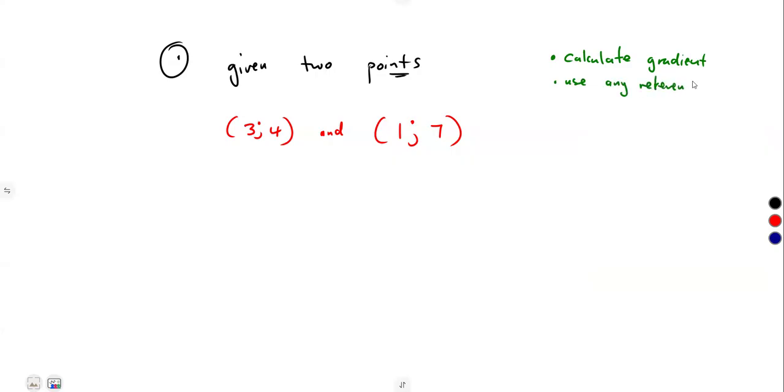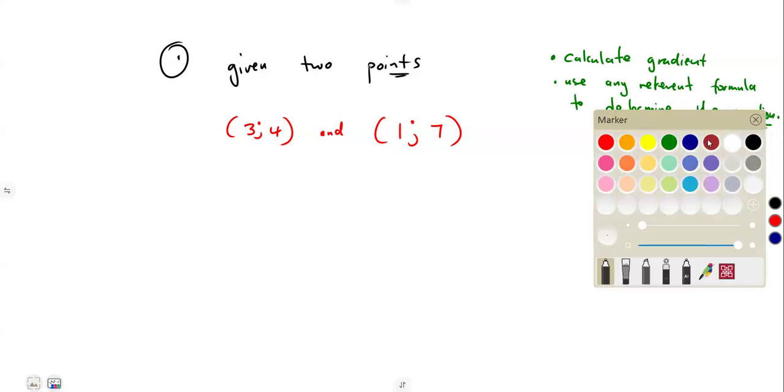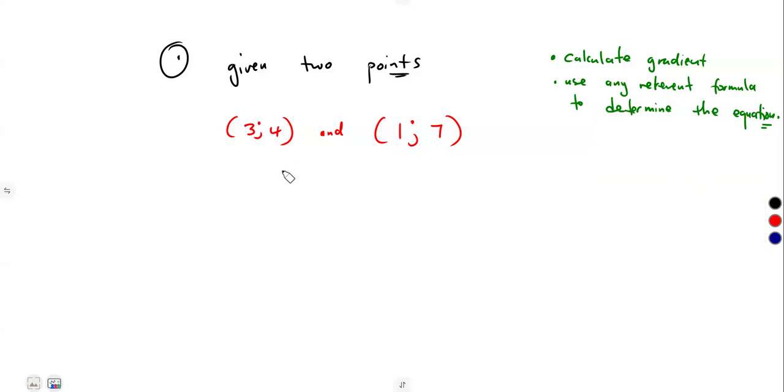Then after that, use any relevant formula to determine the equation. So I'm going to explain different ways there. So let's say I have got my gradient, like for an example here, I'm just going to call this x1, y1, x2, y2, and we determine our gradient, which is m.